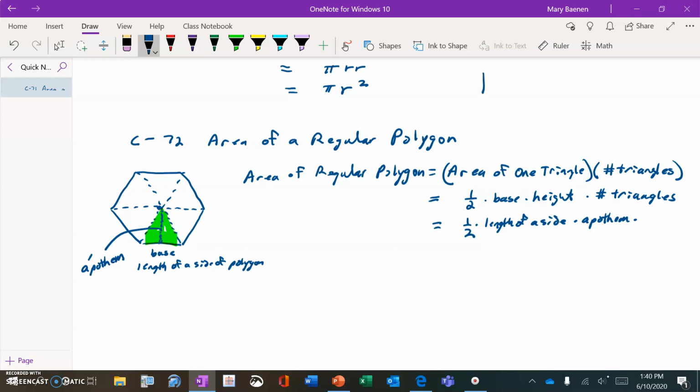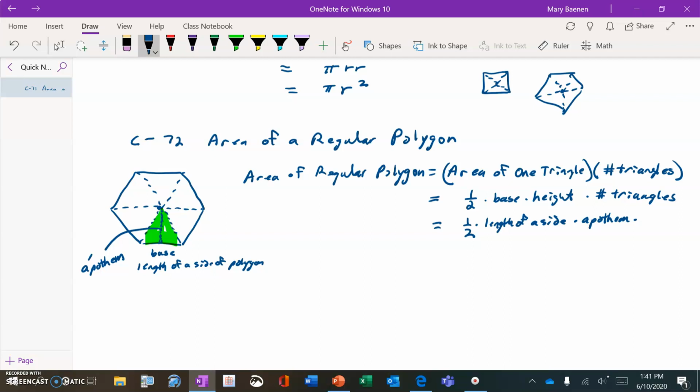Okay, let's go up here. If I have a 4-sided figure, I can get 4 triangles. If I have a 5-sided figure, I can have 5 triangles. In a 6-sided figure, I have 6 triangles.